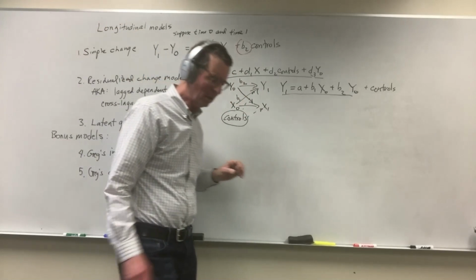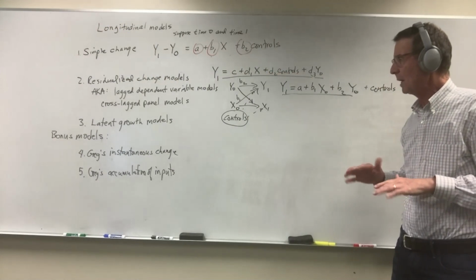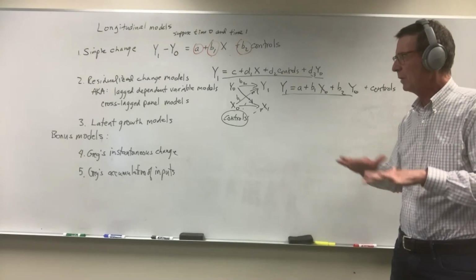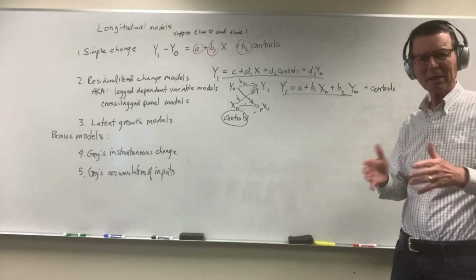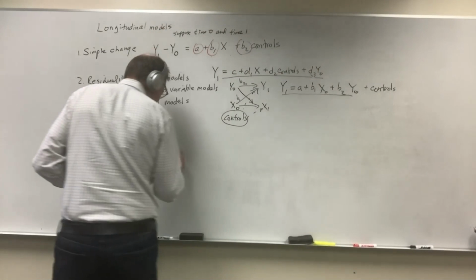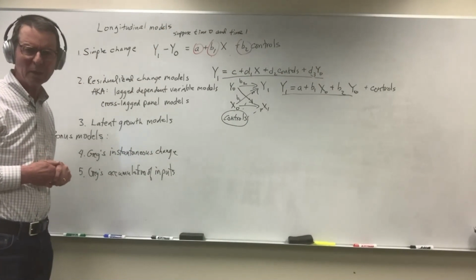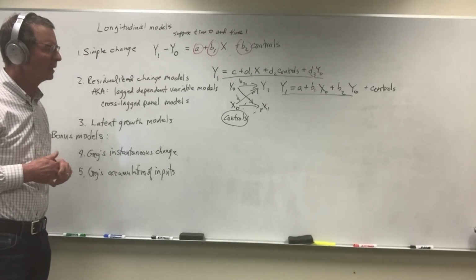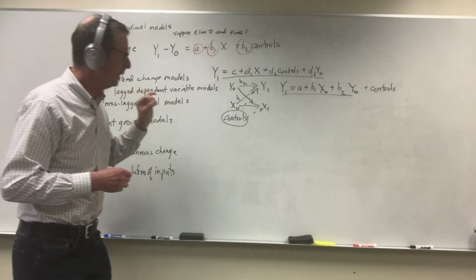Okay. So it's very hard to talk about these models outside of the context of a specific example or a specific kind of developmental process. And that's exactly what I'll do when I talk about instantaneous change models and accumulation of input models. But think carefully.